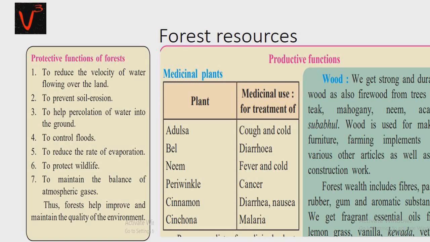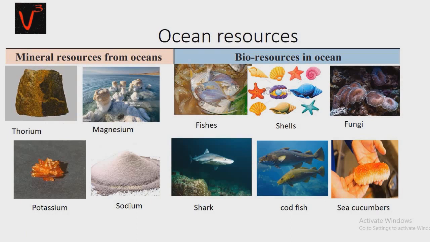From forest. Let us see now ocean resources. Energy can be obtained on a large scale from oceans. Sea waves at high and low tides and ocean currents are being used for generation of power. Mineral and bioresources from oceans.